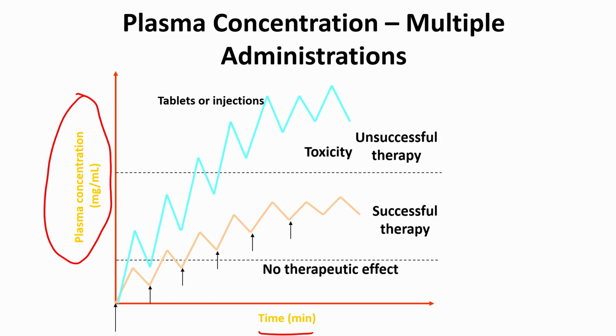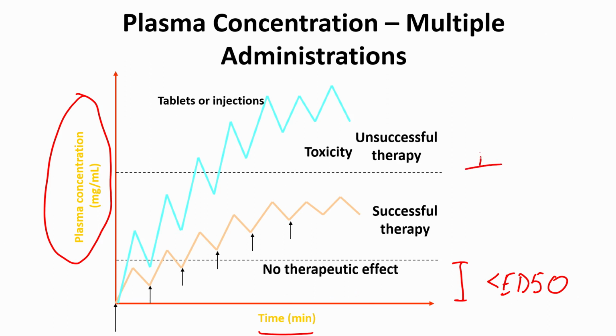Of course, for any drug, as we already discussed, there is an LD50 and ED50. This region here is essentially below ED50, which means that if you administer a drug at this point, nearly all the people that you are administering it to will not show any kind of therapeutic effects.